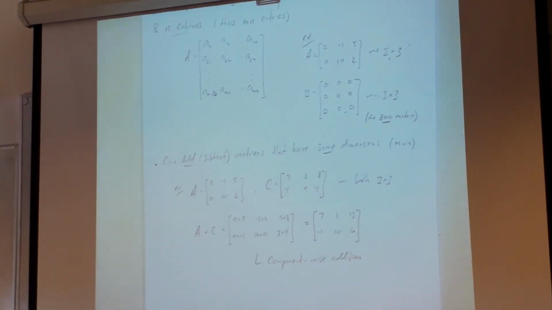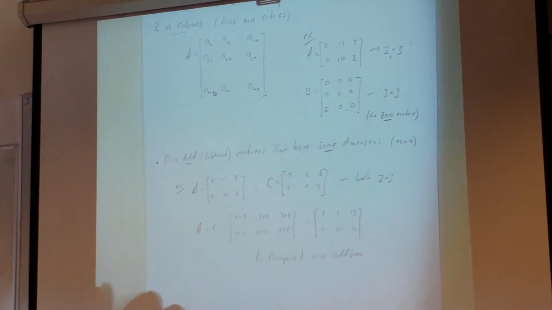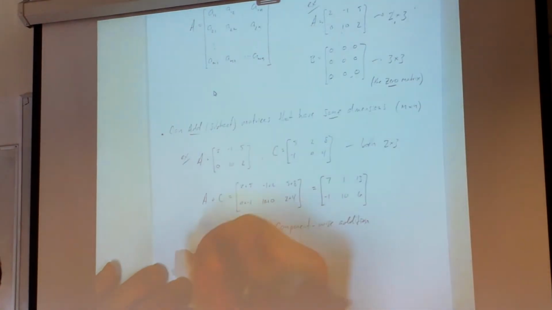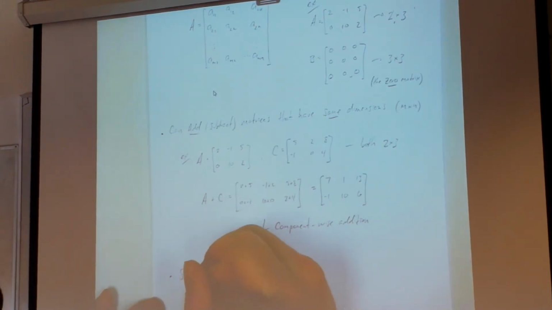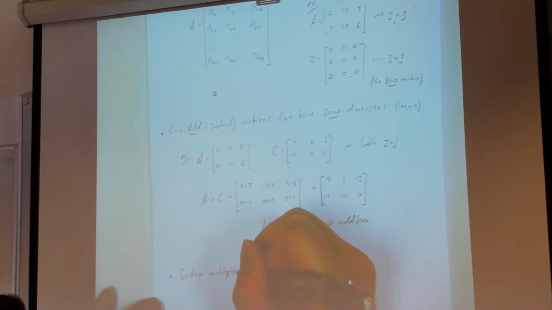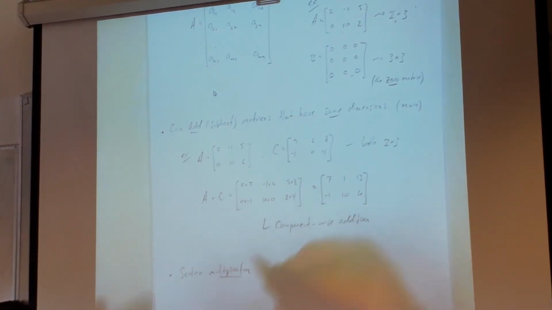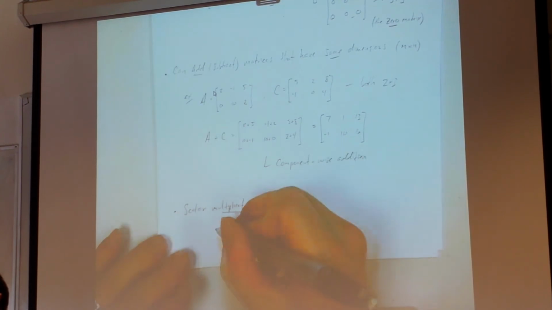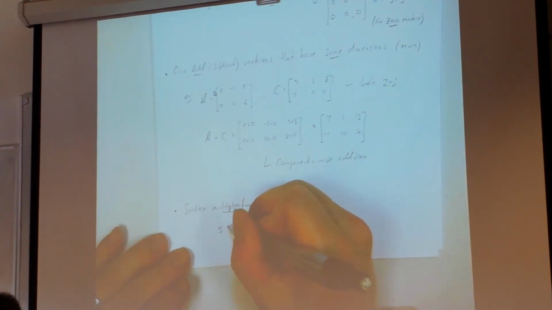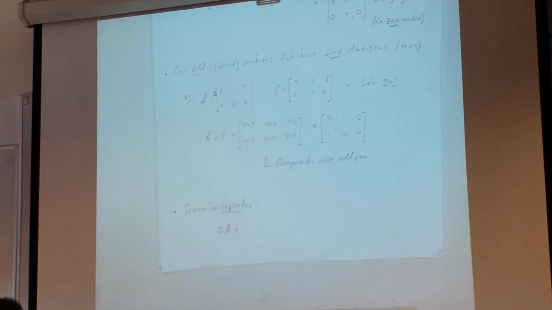We can also talk about scalar multiplication, just like scalar multiplication of a vector. Say I have 5 times that same matrix A. How do you think this is going to go?